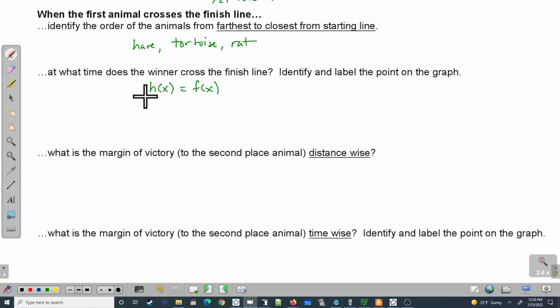When does 6x equal 1320? Yeah, that's it. That really is the whole setup. And in this case, it occurs at 220 seconds. And then simply, I use substitution.